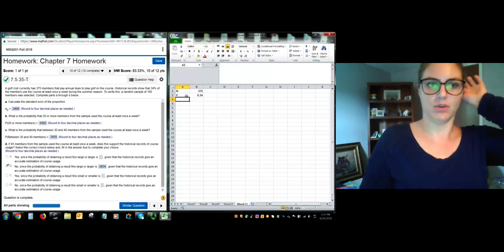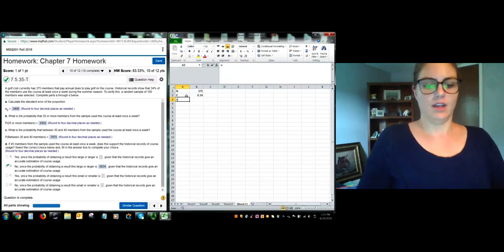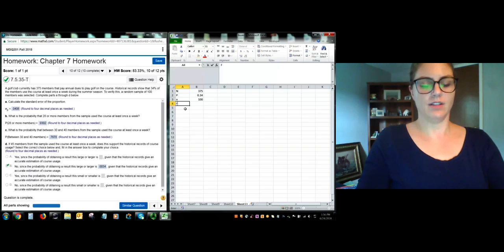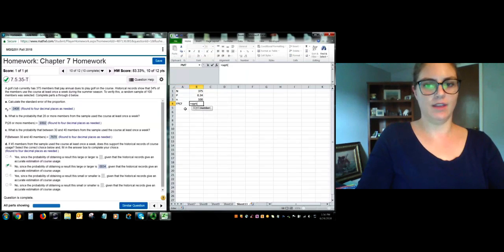That's the estimated proportion, and a little n of 100. Calculate the standard error of the proportion. But first, before I do that, let's calculate the finite population correction factor, because I know I'm going to have to apply that to the standard error.